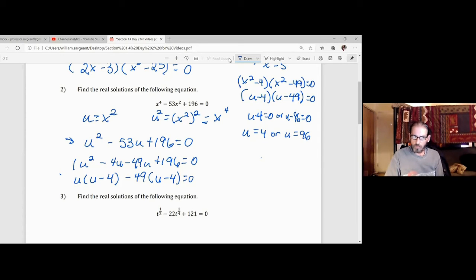In any case, if we do write it with u, then we have to remember that stood for x squared. Sorry, that's a 49.